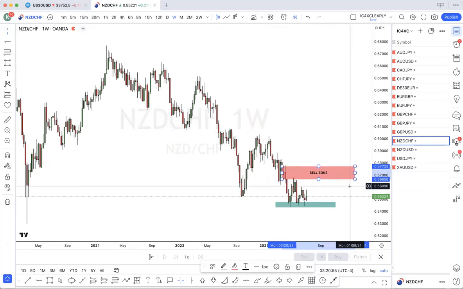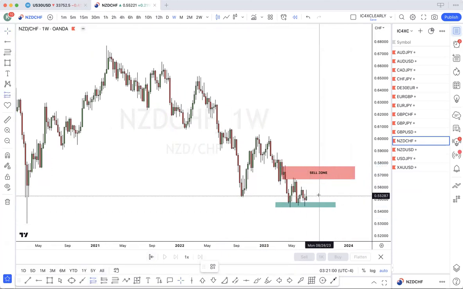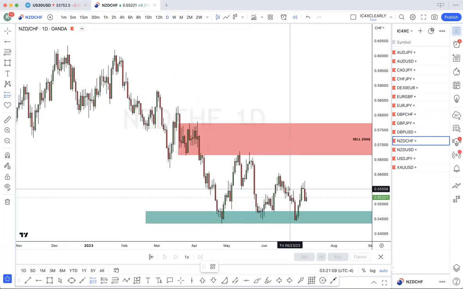If you buy it up, it's already pulled back. This wick right here is, let me go down to a smaller time frame. Okay, so it did break this minor high here, but not this high here.